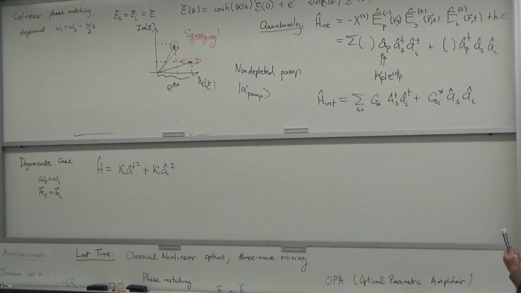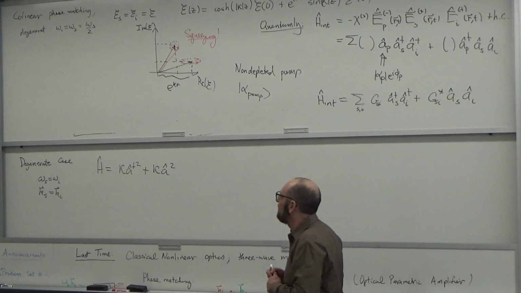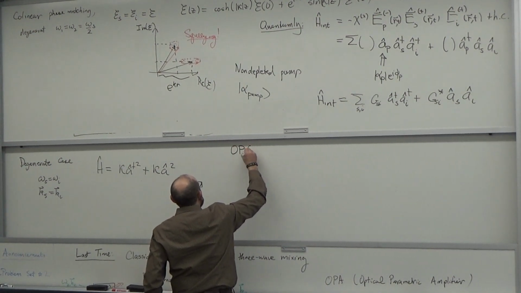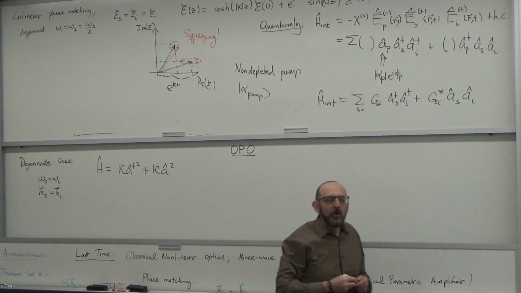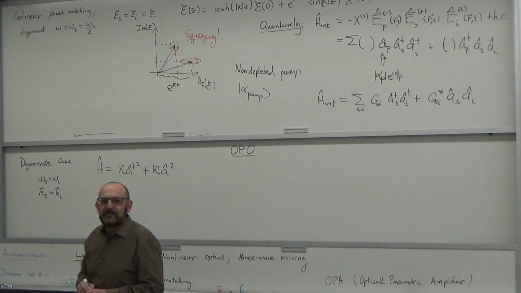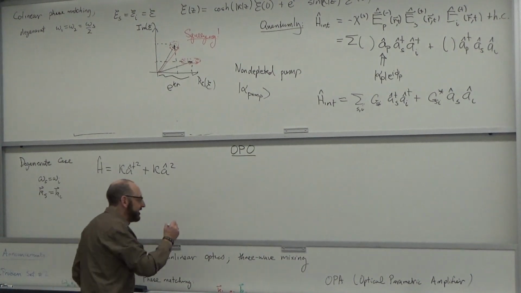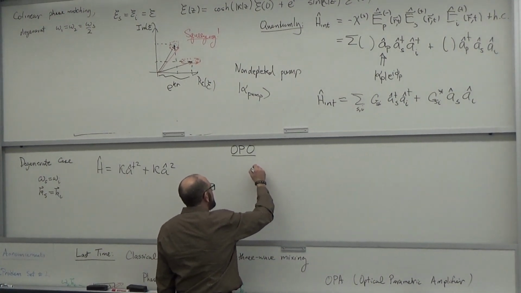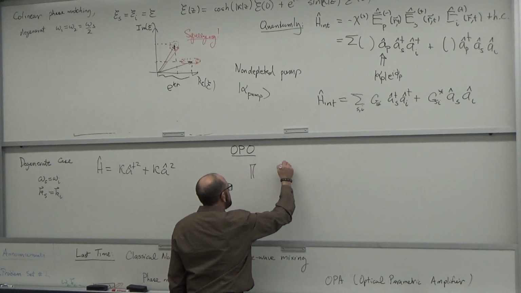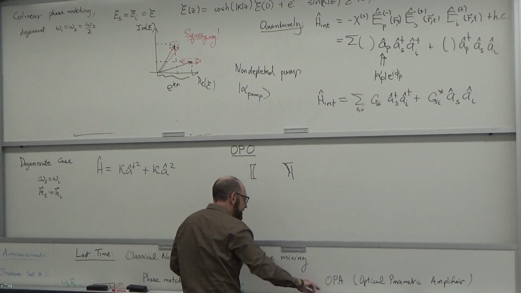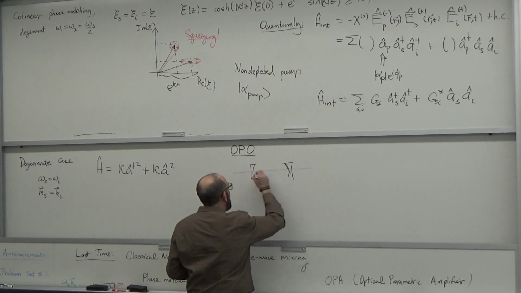And in the laboratory, I might do this in the following way. The workhorse of making squeezed light is what's known as an OPO, an optical parametric oscillator, as opposed to an amplifier. But anyway, the point here is that I might have a situation where I have a cavity that looks like this, whereby the pump is not resonant at all.